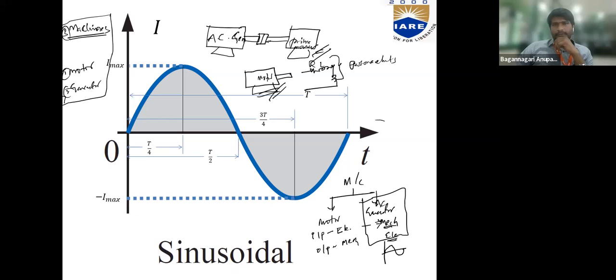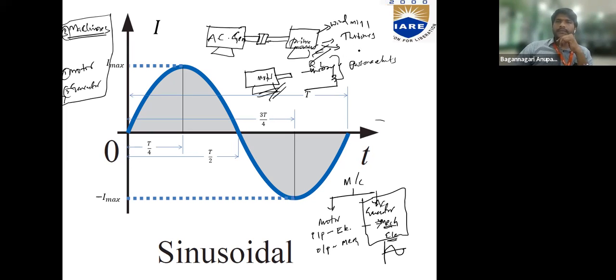What are the examples of a prime mover? Windmill, yes. Turbines, steam turbine, water turbine, everything. Windmills, good. Any other examples?